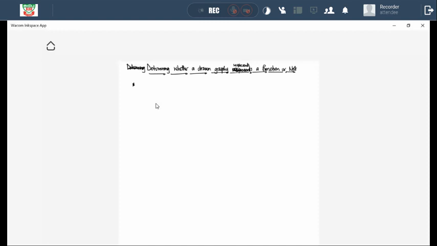For us to determine whether the drawn graph represents a function or not, I'm going to use what we call the vertical line test. Simple. Once you see a graph drawn, I'm going to test whether it's a function or not by making use of a vertical line test. So the next question is, what is a vertical line test?